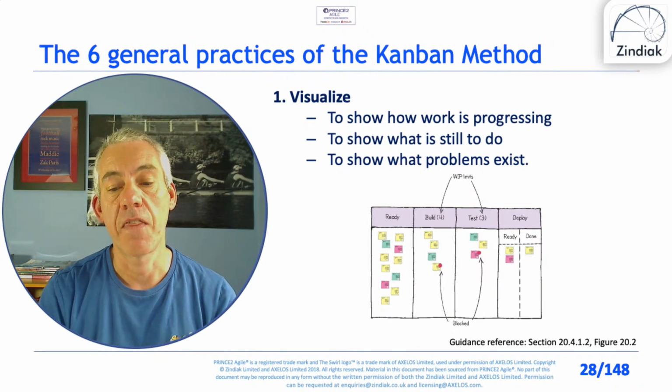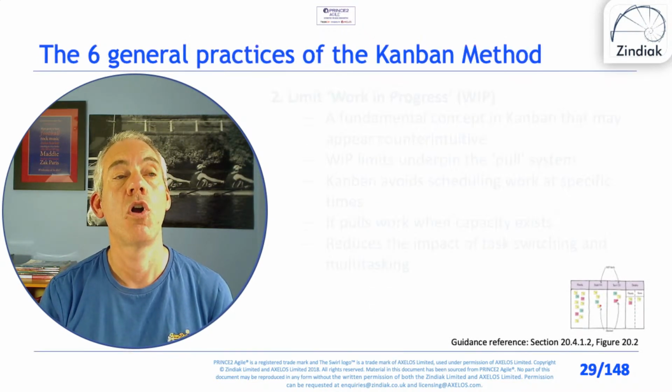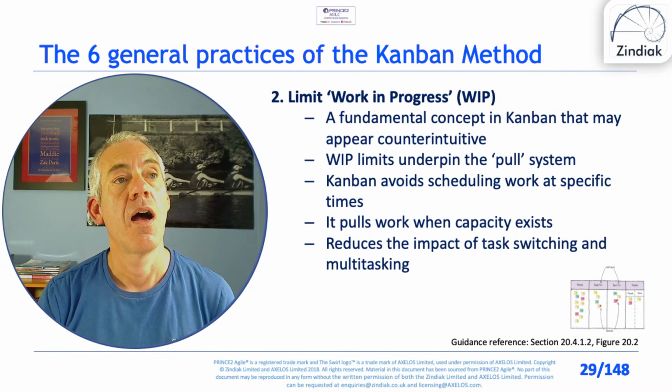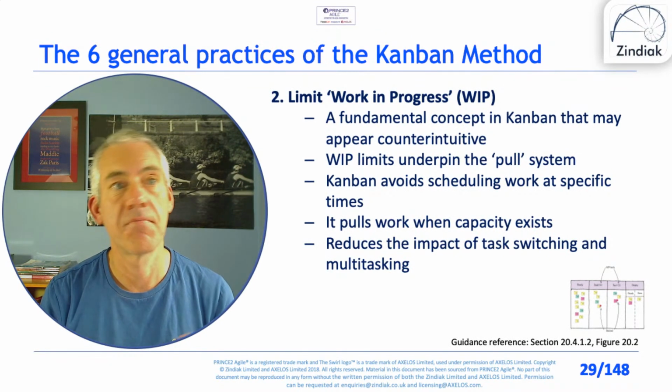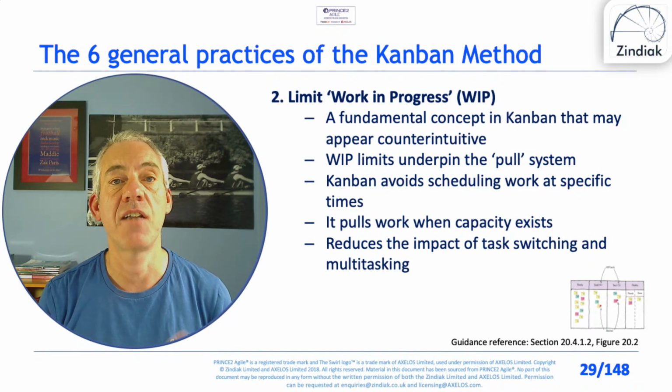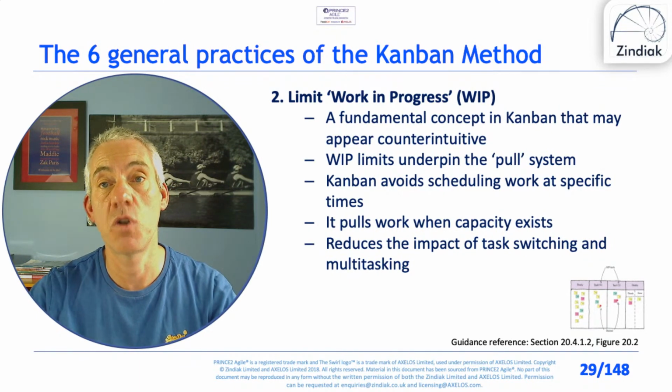And that's the key thing, that it's a pull, that developers pull work to them. Limit the work in progress I've talked about, so we don't try and do too much. We don't task switch, and it does underpin the pull system I just talked about. So no one is allocating work to anyone.